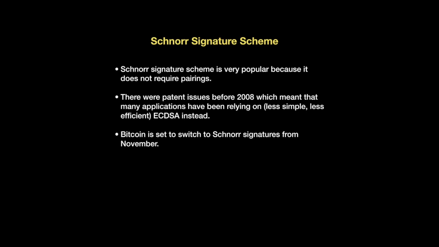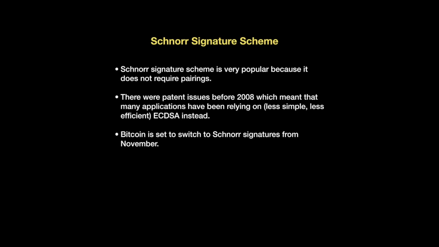And ECDSA was basically designed in order to not look like Schnorr, such that the patent wouldn't apply, such that people could sign in a discrete logarithm group without having to pay for a patent. But since that patent is now expired, people are slowly moving back to Schnorr because in most respects it is better.